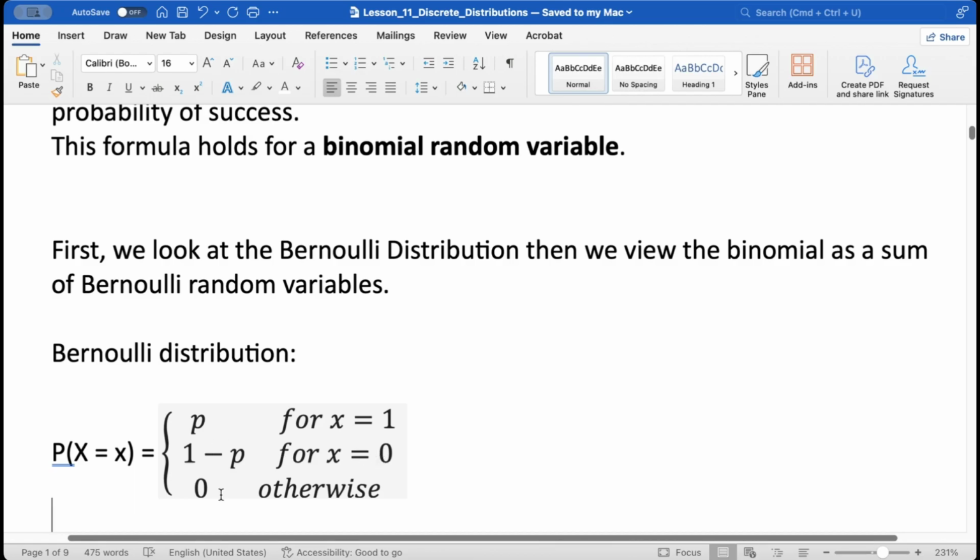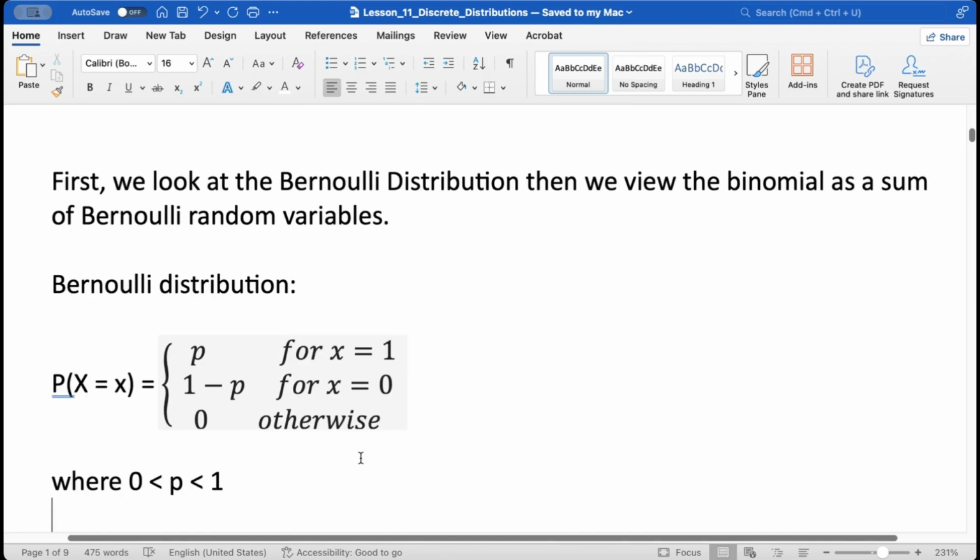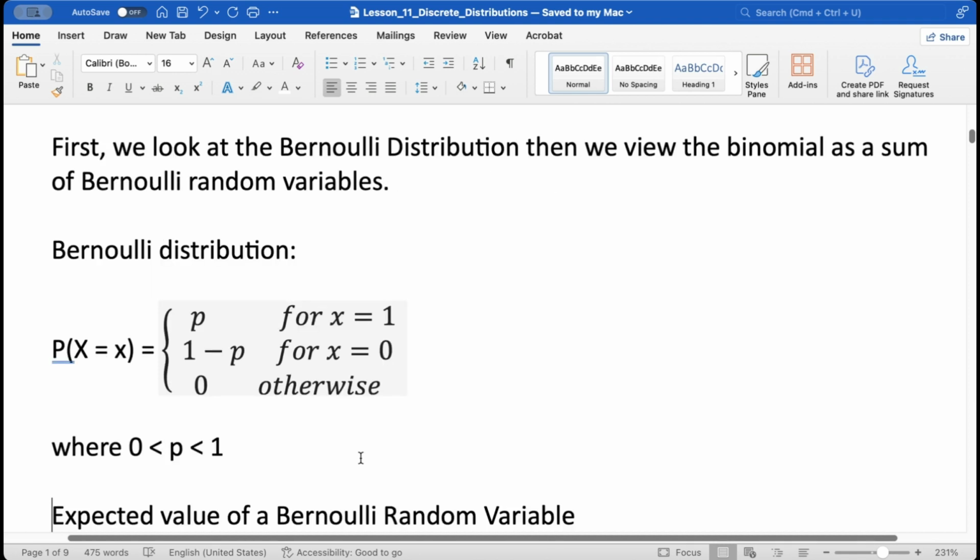Everything else, the probability is 0. So the only values that x takes on are 0 and 1. The probability of x being 1 is p. The probability of 0 is 1 minus p. And p is somewhere between 0 and 1.